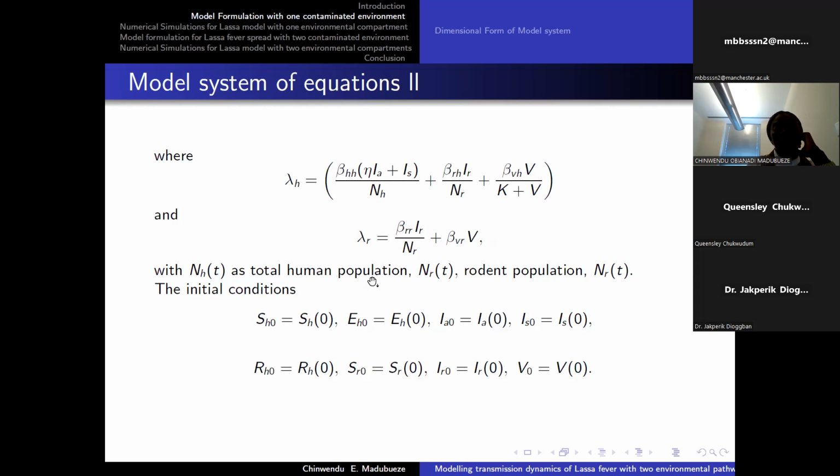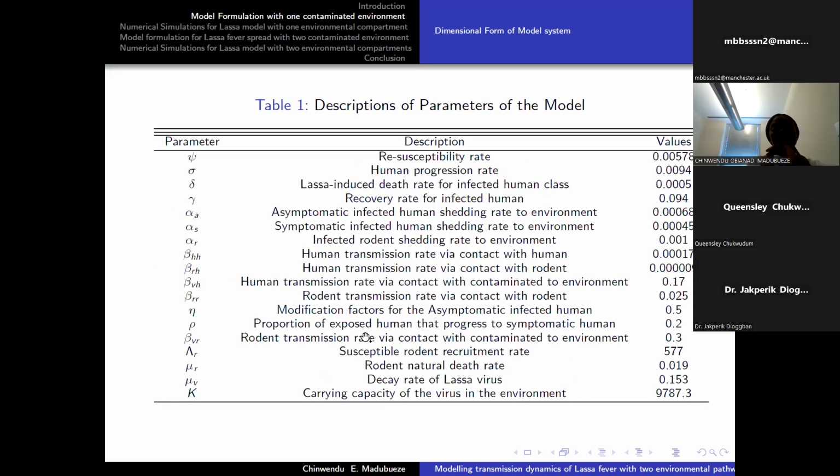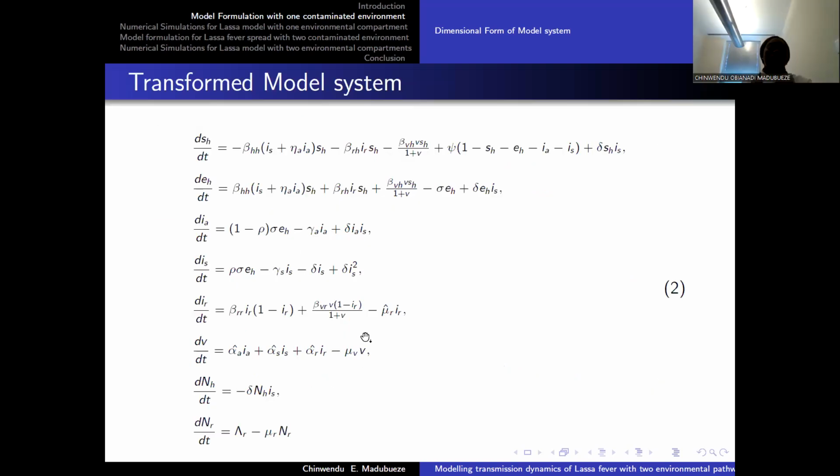We have the total population of humans. So we have our initial conditions. These are the descriptions of the parameters in the work and the values that we use for our simulations.